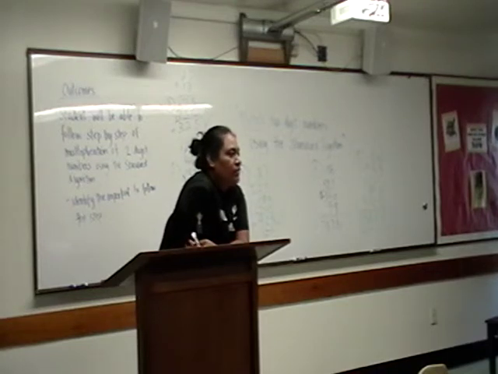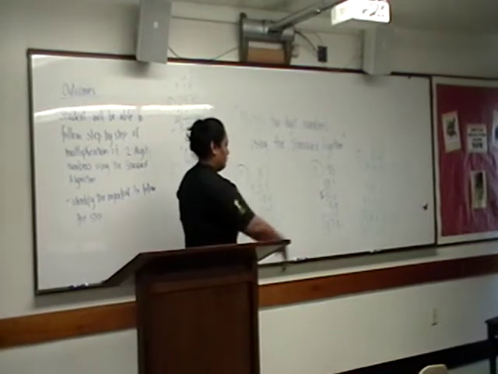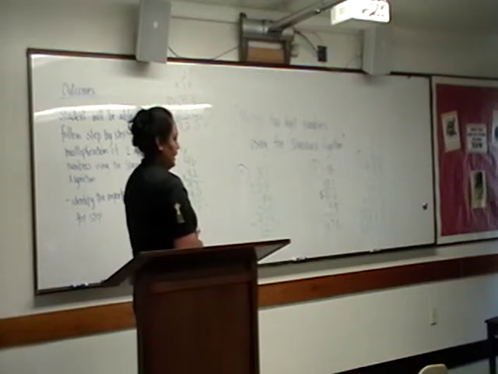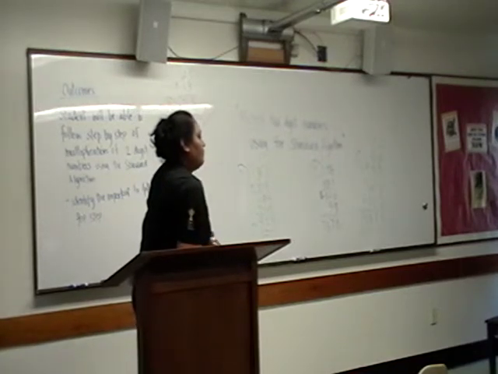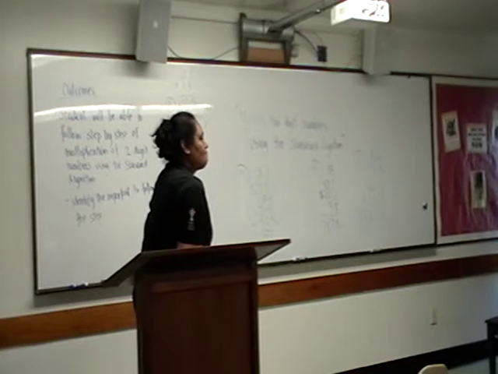Anyone else would like to add to Jasmine's answer? Daniel, now you can speak. Well, these are just such large numbers. It's easy, as Jasmine was saying, to make a mistake. It could be a simple mistake, but in mathematics, one mistake will throw off your entire answer. That's very true.